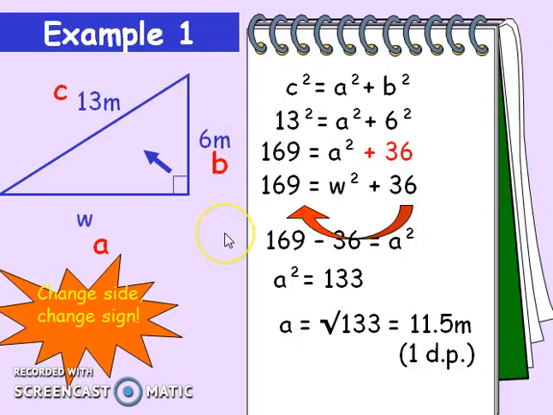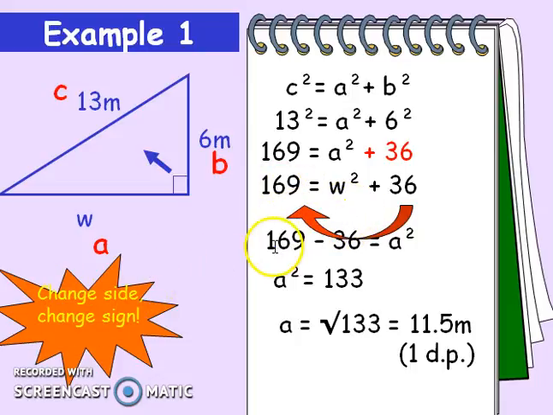Just plug into the formula. 13 squared equals A squared plus 6 squared. So we get 169 equals A squared plus 36. So we want to move the positive 36 to the left side. Don't forget, when we change the side, we need to change the sign also.